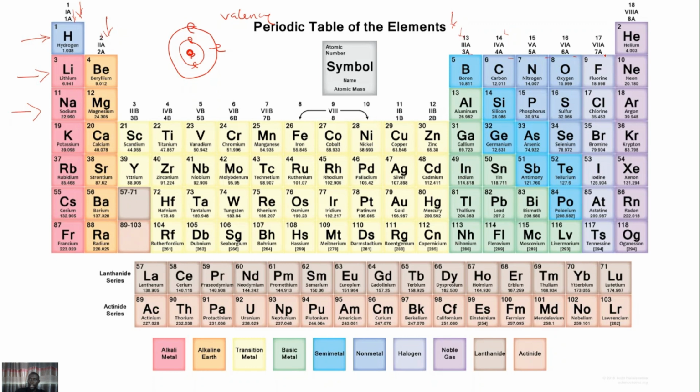The Roman numeral can also be followed by the letter B, as you've seen here.